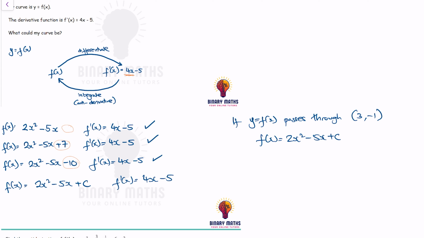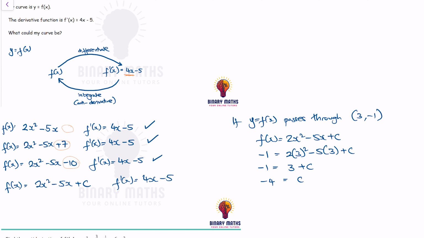Remember, f of x is just y. So minus 1 will be equal to 2 times 3 squared minus 5 times 3 plus c, which means minus 1 will be equal to 18 take away 15, which is 3, plus c, which means c will be equal to negative 4.